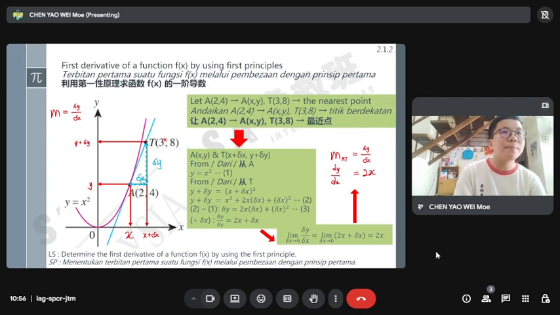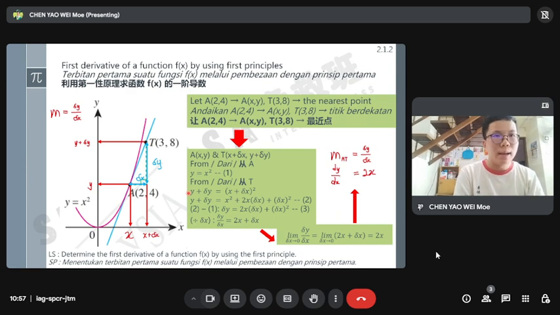I plug inside, so A equals xy and T is x plus delta x, y plus delta y. From point A I get this equation, and from T I get another equation, by substituting into equation 1.